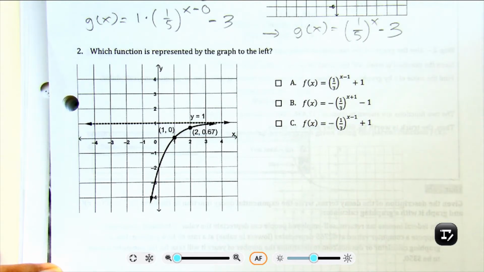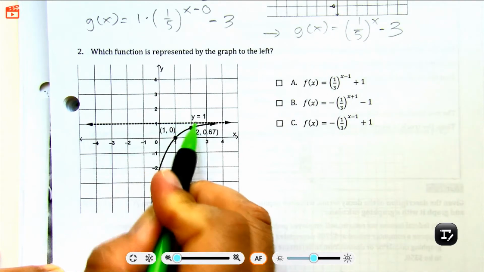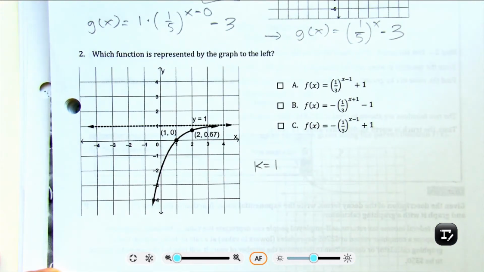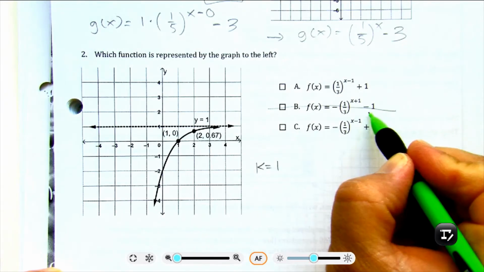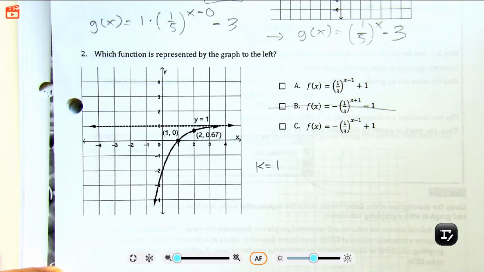So k equals 1. Now, if k is positive 1, we could actually rule out B because they're telling us k is negative 1. So we know that's not an answer. Then what we need to find out is what is a and h.